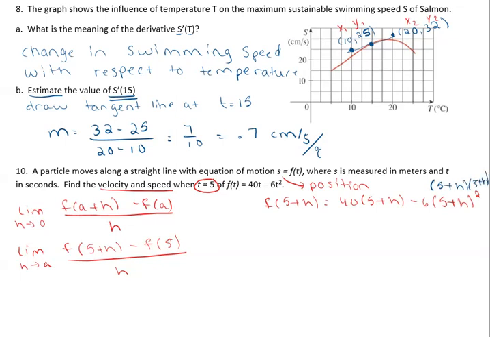And if we do that FOIL, we'll get 25 plus 10h plus h squared. So if we then distribute, we'll have 40 times 5 is 200. We need a little space. Let me scoot that over some.